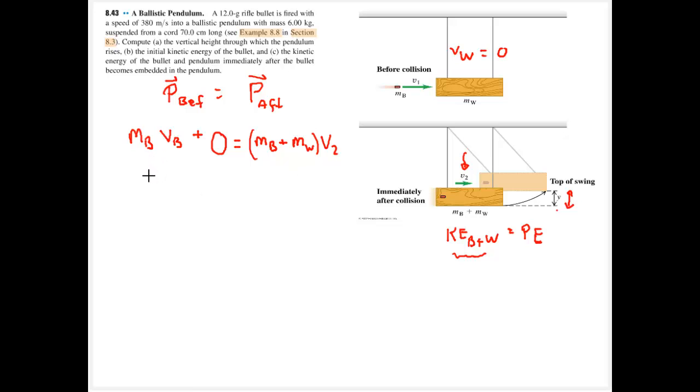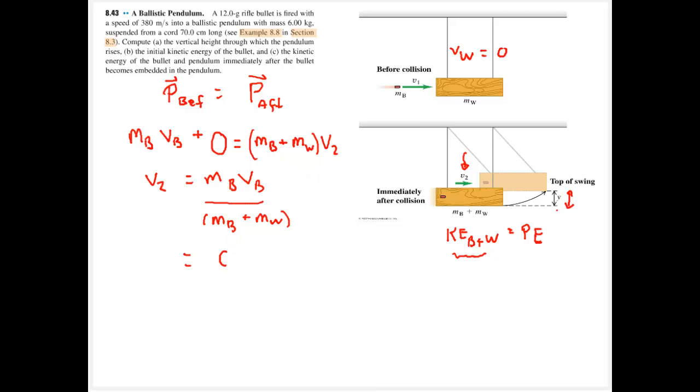I'm solving for the combined velocity of the two, so simply v2 is going to be equal to the mass of the bullet multiplied by the initial velocity of the bullet divided by the sum of the masses. And it's a simple matter of plugging all of these in, converting everything into kilograms.